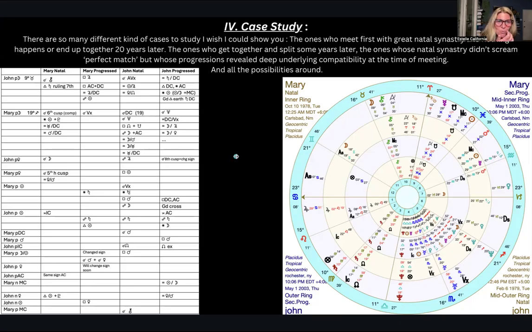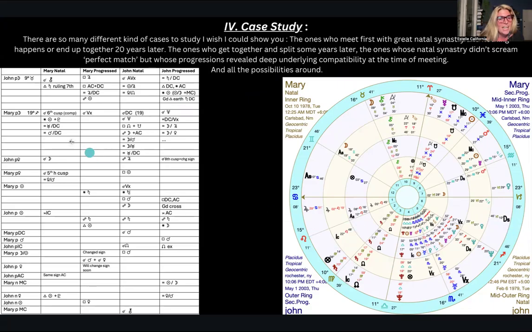And then there is another beautiful geometry figure that I love. It is a grand trine in Earth with the progressed Moon, the progressed Saturn of John here, and the progressed DC here. Look at this beautiful, exact, perfect triangle here.